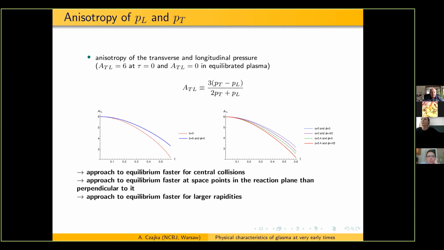Where in your curves do you see that? The blue curve, the upper curve, is for eta equals 0, while the green curve and the red curve are for rapidity equals 0.4. And again, as Uli said, it's really more isotropization. Yes, in this sense, yes. When the anisotropy is 0, we mean isotropization.